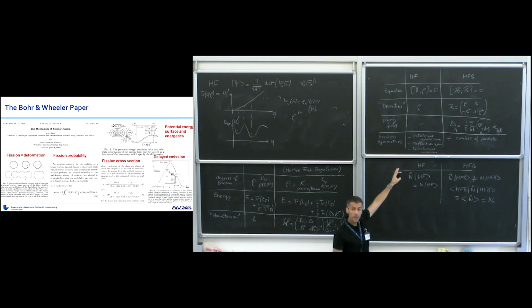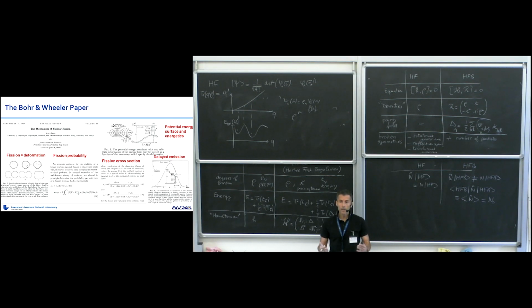In the HFB framework, those deformation parameters are going to be the constraint operators. We're going to put constraints on the expectation value of these operators, and that's how we are going to define our potential energy surfaces. In the rest of this week, I'm going to call those deformation parameters collective variables.